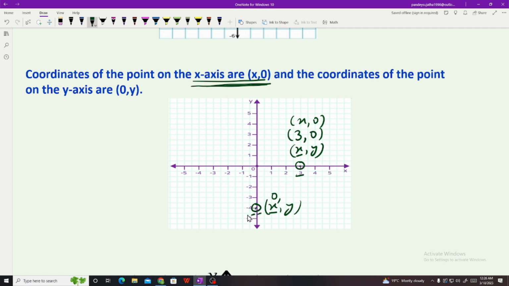The distance of this point from the x-axis is -4. So the coordinates of this point are 0, -4. So we refer to the coordinates of a point on the y-axis as 0, y.